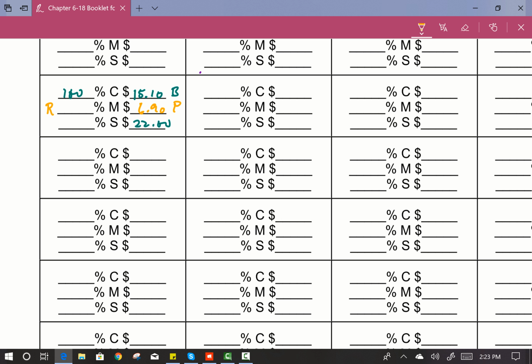So 6.9 divided by the base of 15.10 is equal to 0.456956. And if I'm rounding this to the nearest hundredth, that's going to come out to 45.70%.